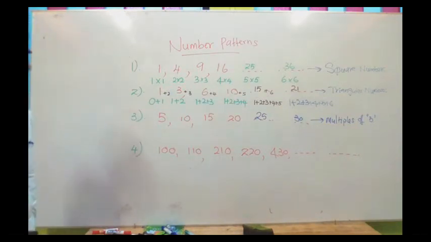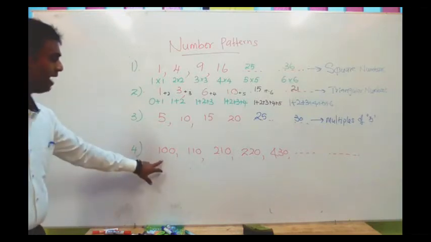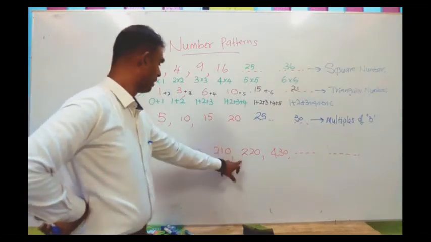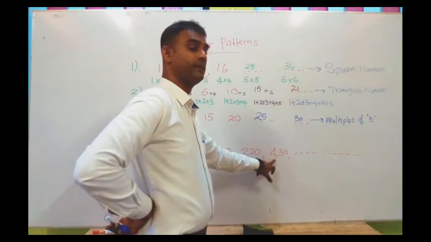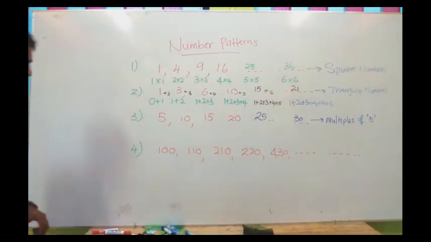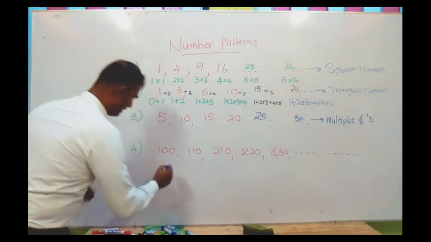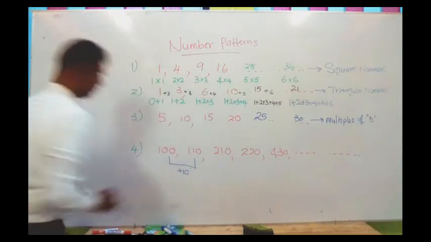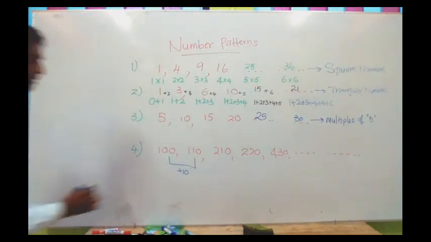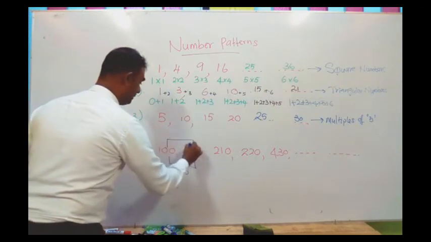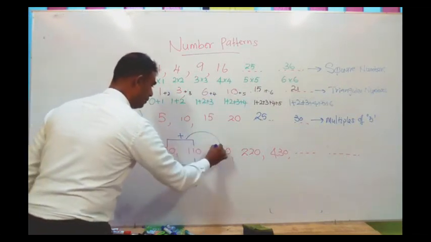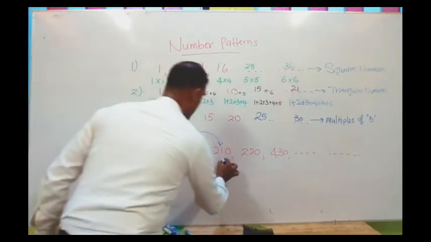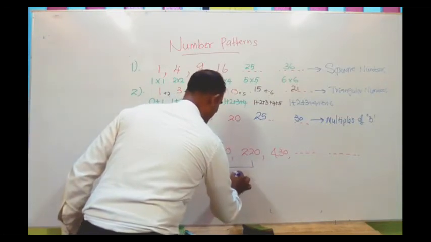Now this one: 100, 110, 210, 220, 430. Can you see the pattern here? The difference is plus 10. After that, 210 comes from adding the two previous numbers. Next, add 10.